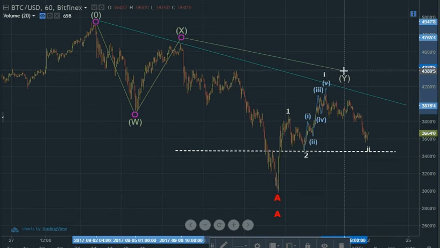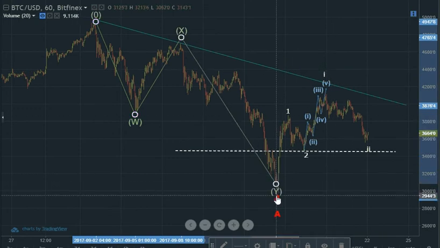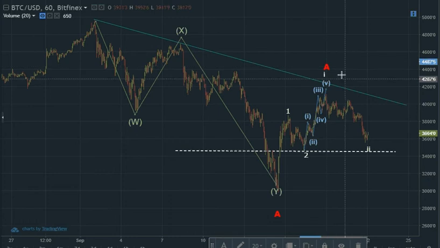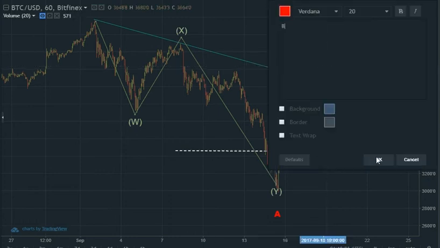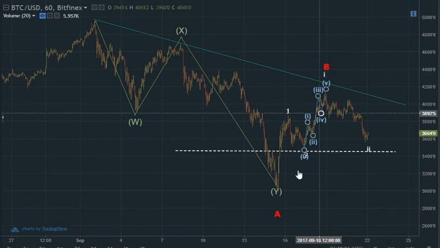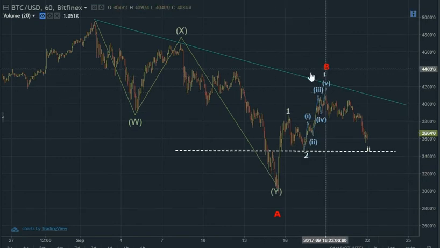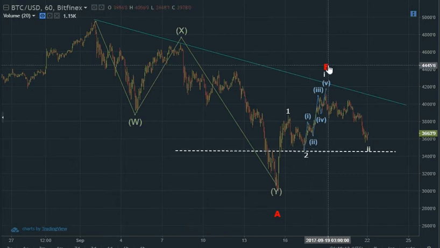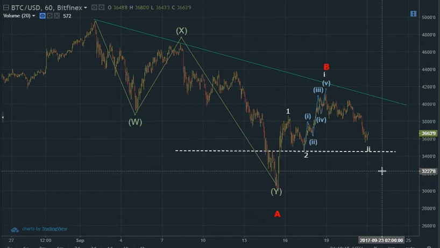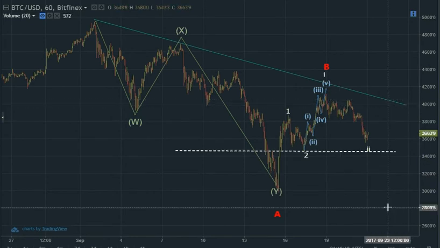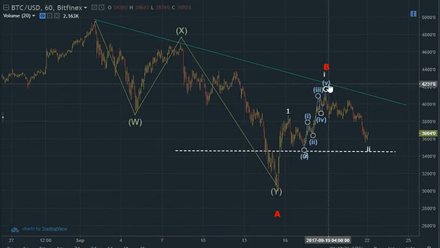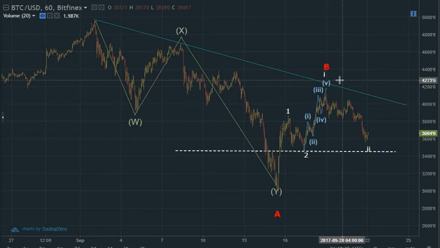And what we could have completed is just a B. So A, B, C, or WXY giving A, B, C, and we are now starting on the C wave. Okay, so that would be my bearish side of taking you through this count.